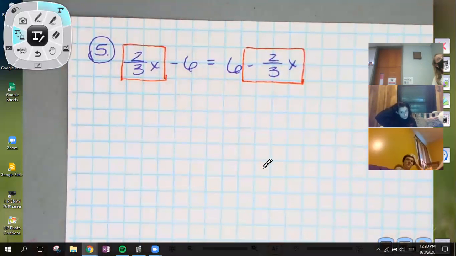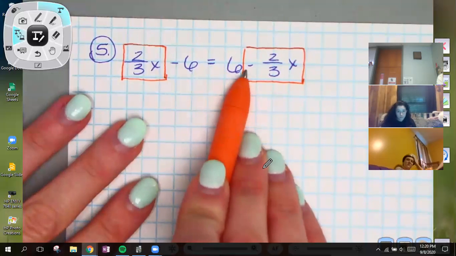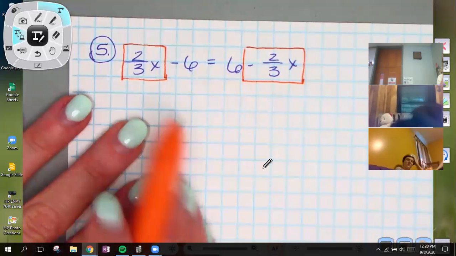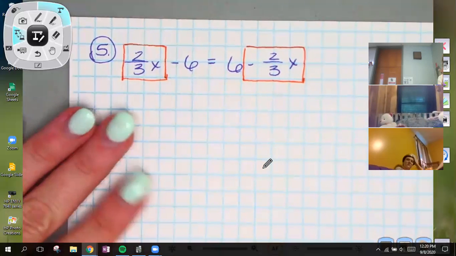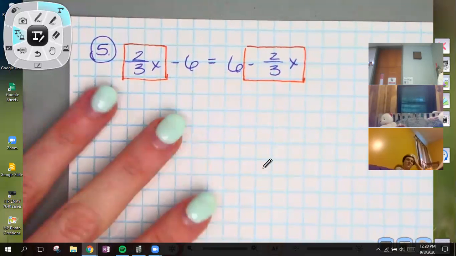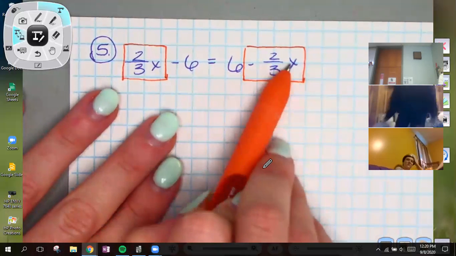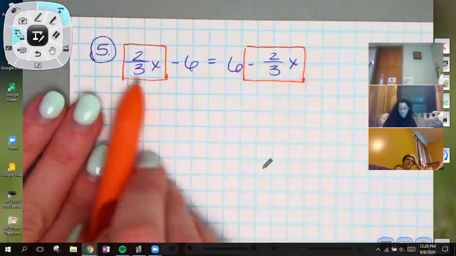Instead of asking all this, I'm just going to tell y'all what I think is the easier way. I like to keep it to where hopefully they'll end up being positive. I see that I have a subtraction, so I'm just going to add it to the other side, because I prefer for my stuff to stay positive. If I have a minus 2/3 x, how am I going to get it over here?